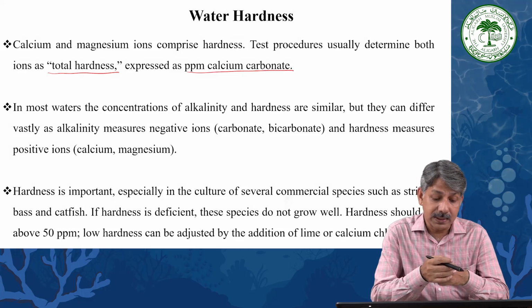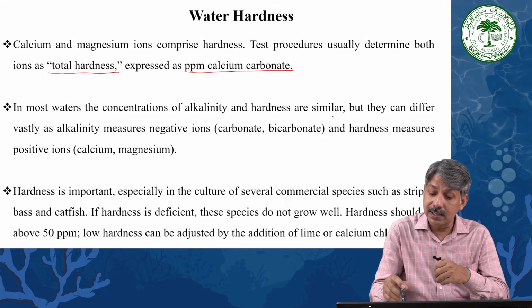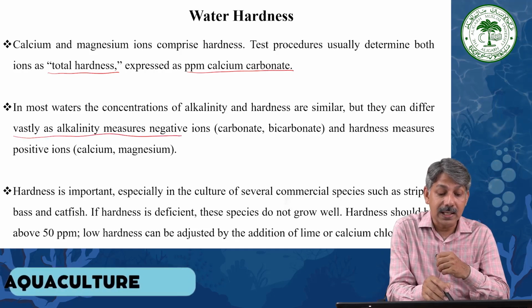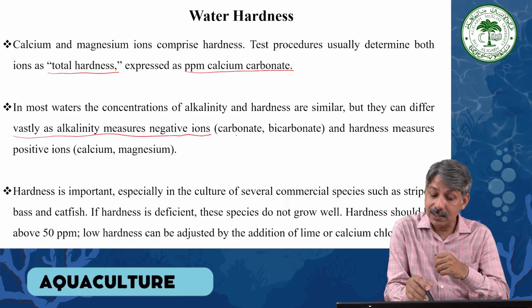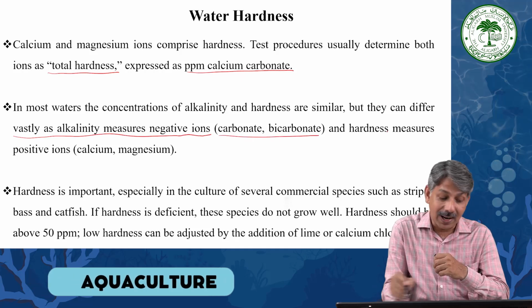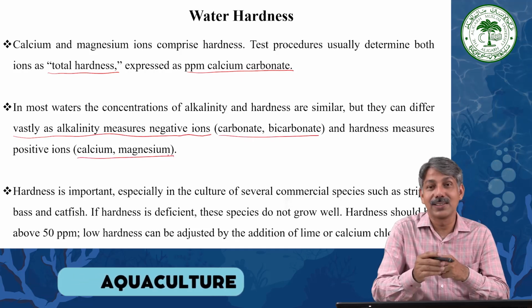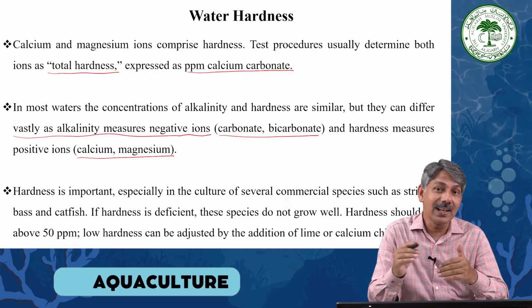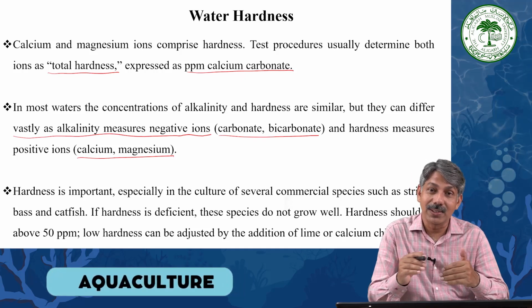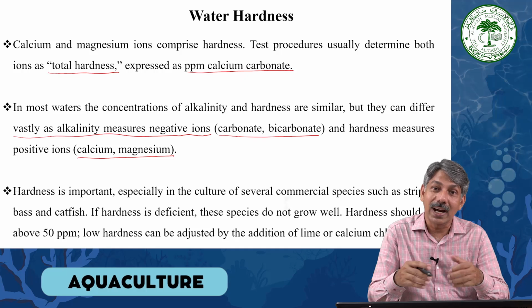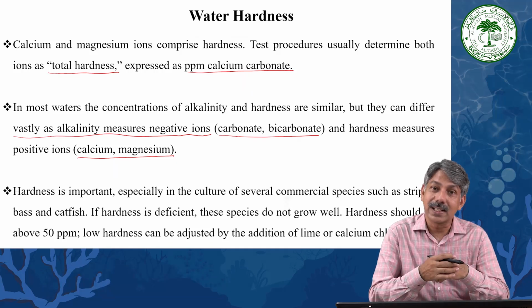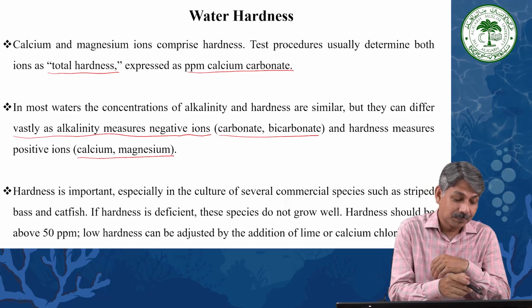In most waters, the concentrations of alkalinity and hardness are similar, but they can differ vastly, as alkalinity measures negative ions, carbonate and bicarbonate, and hardness measures positive ions. So alkalinity and hardness may show variations depending on what kind of negative or positive ions are prevalent in those regions.